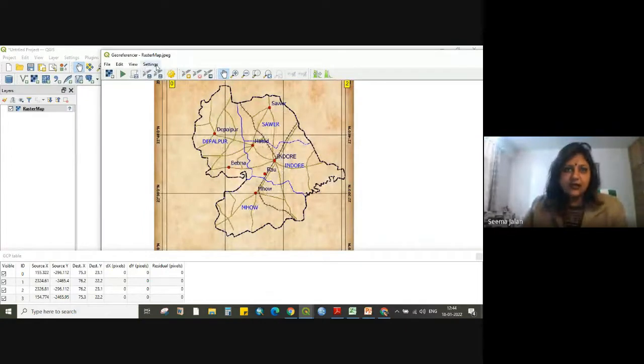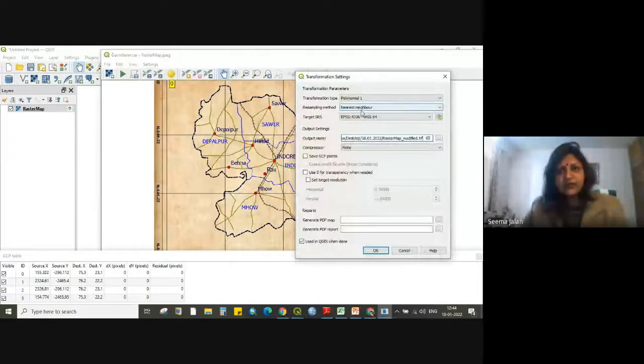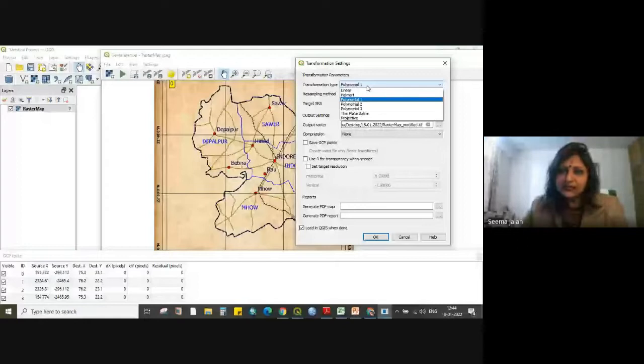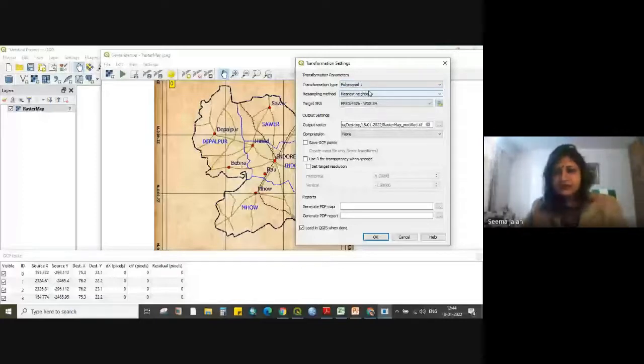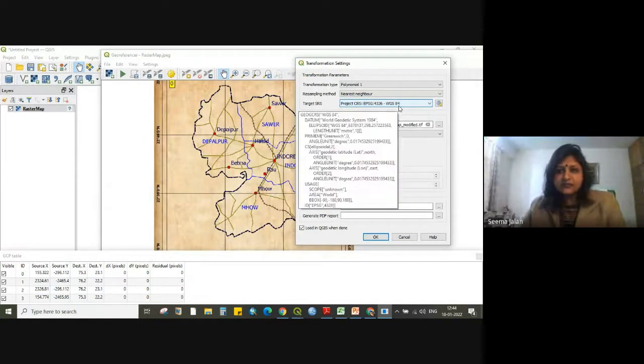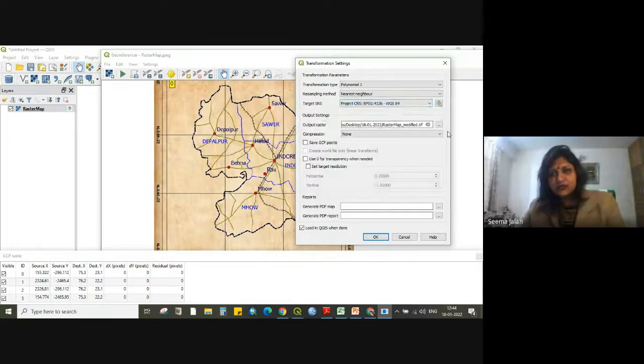Now you will go to settings and you will tell GIS what kind of equation is to be run. Okay. So I say run first order polynomial. This is the affine transformation, first order. Resampling method you may keep as nearest neighbor. The target coordinate system I will keep as EPSG 4326, which was the source coordinate system. You can have a different one also.